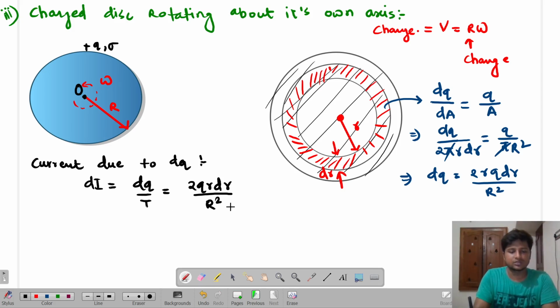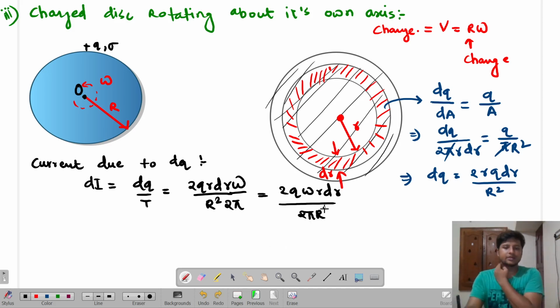The time period is 2 pi by omega. So what I'll get is di equal to 2 q omega r dr divided by 2 pi R square.